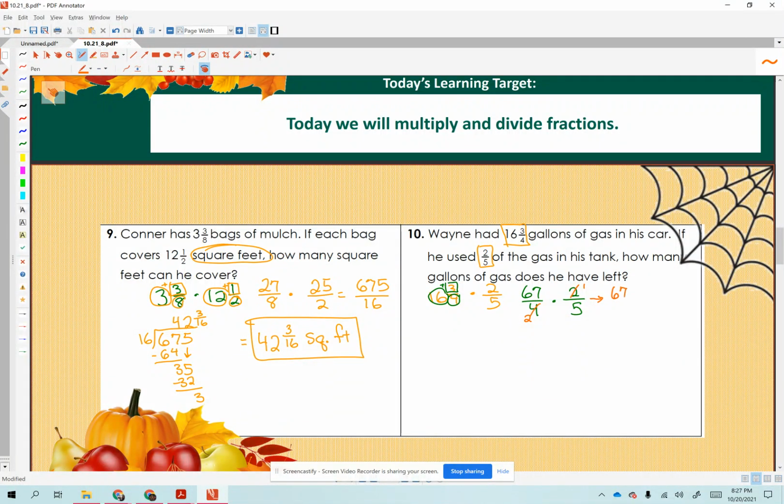and we can rewrite this problem as 67/2 times 1/5. And when we multiply those across, we have 67/10. So we need to divide 67 by 10. And we know that 10 times 6 is 60.